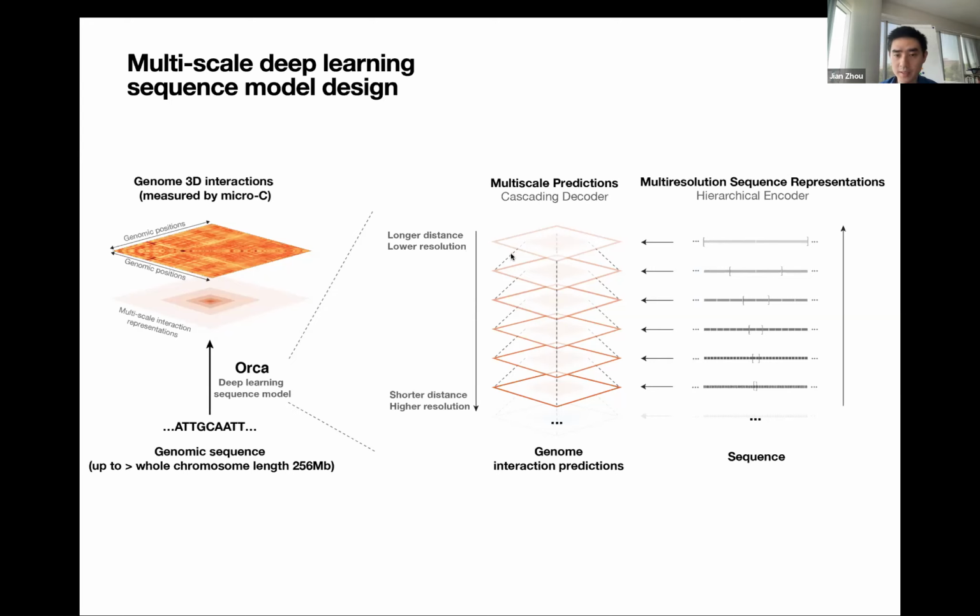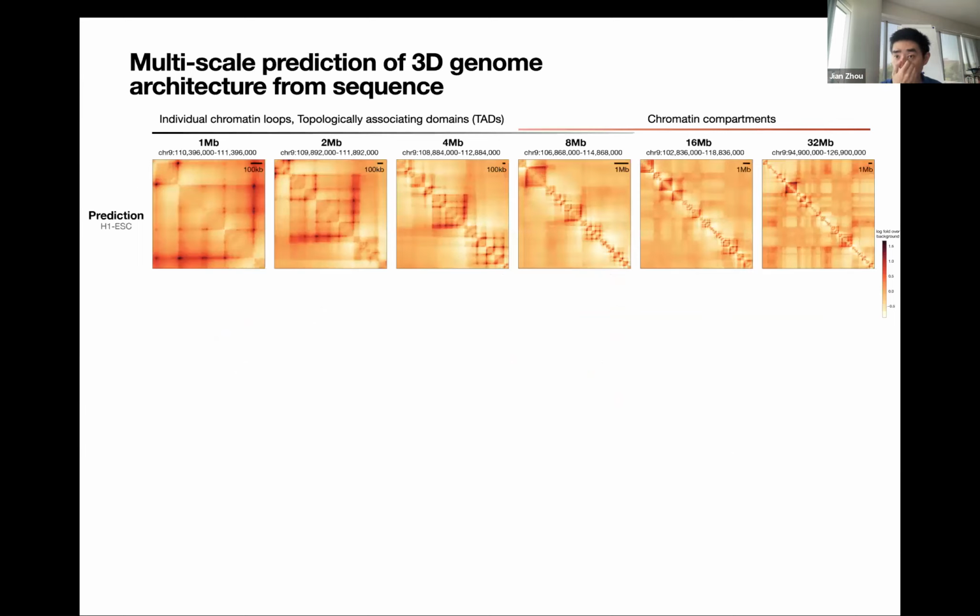And then we iteratively generate finer and finer resolution predictions, utilizing input from the sequence encoding and also predictions from the higher level so that we can make sure that the prediction can receive information from the entire large sequence input.